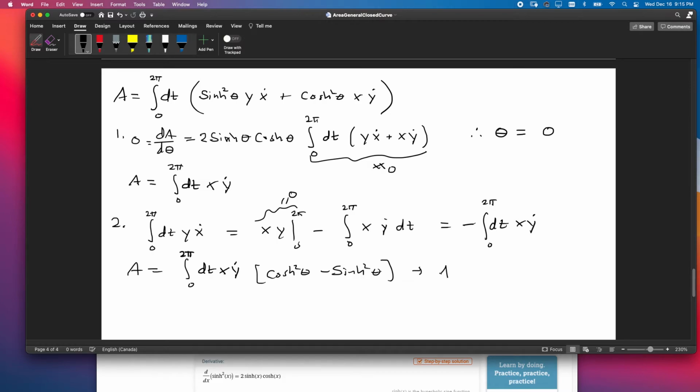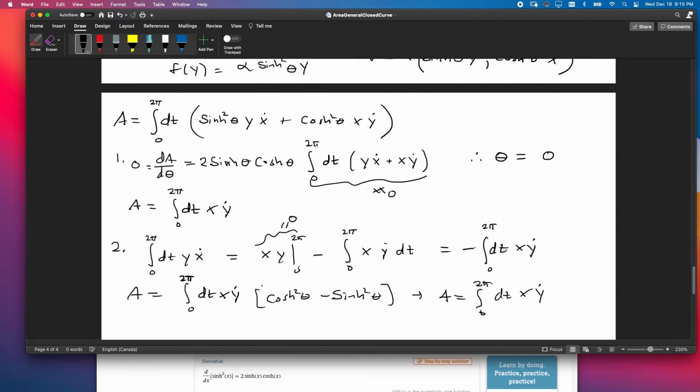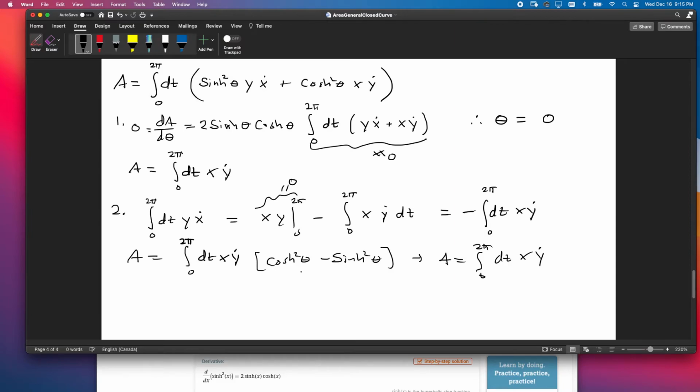So we just get that area is the same thing as before, the integral from 0 to 2 pi dt x y dot. So what this means is that we can choose whatever value we want for theta.